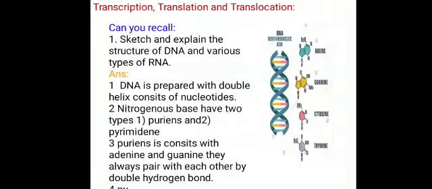So basically, in DNA what we have to explain: DNA is made up of a double helix consisting of nucleotides. The nitrogenous bases have two types, that is purines and pyrimidines. Purines consist of adenine and guanine. They are always paired with their partners, adenine with thymine, with double hydrogen bonding.